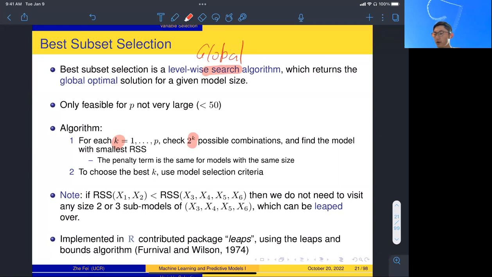Because we check all 2 to the power of k possible combinations, we know that when k or p is too large, this is not feasible.